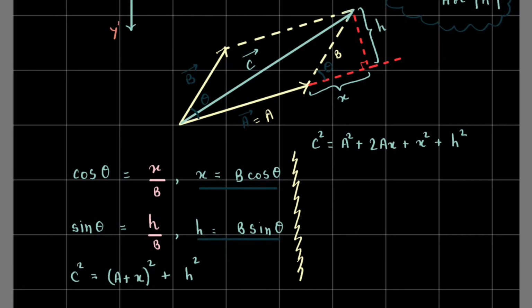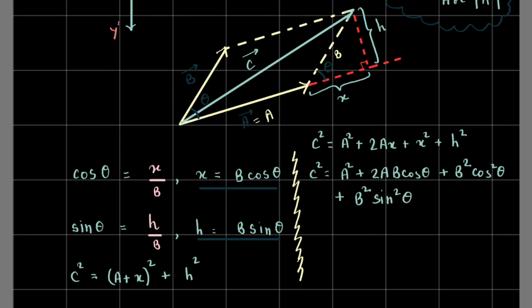So c square equal to a square plus 2a b cos theta, plus b squared cos square theta, plus b squared sin square theta.